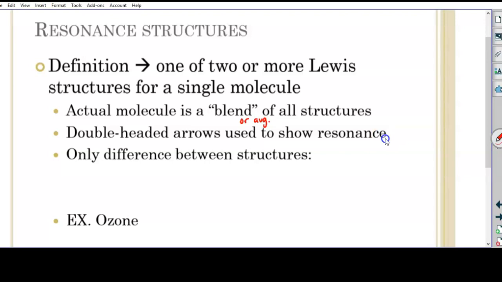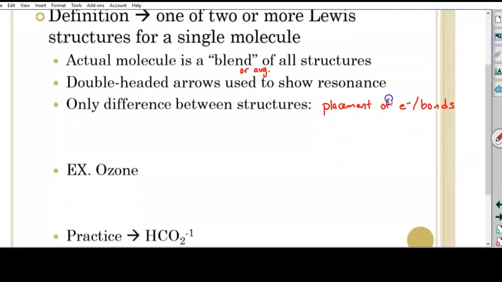We use a double-headed arrow to show resonance. The only difference between the structures is always the placement of electrons and bonds. We never move the atoms around, just the bonds and the electrons.